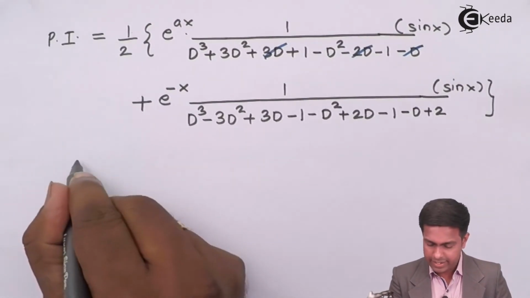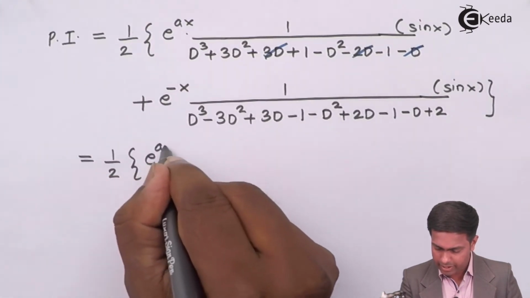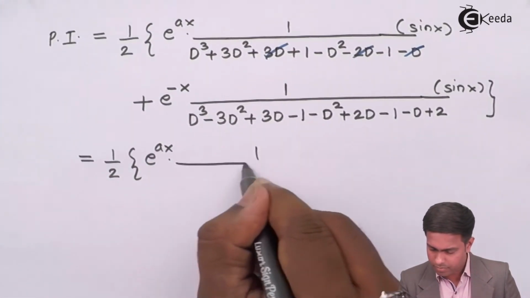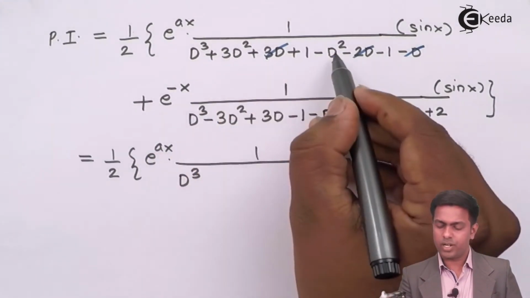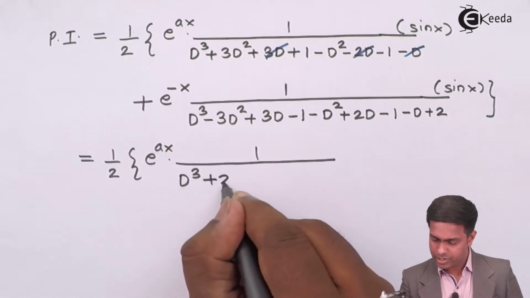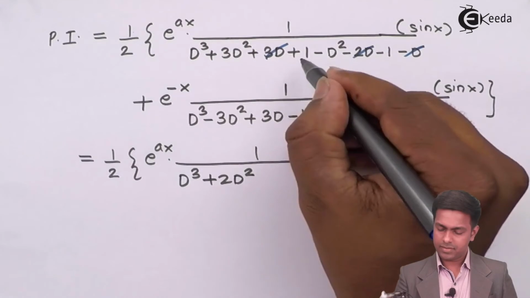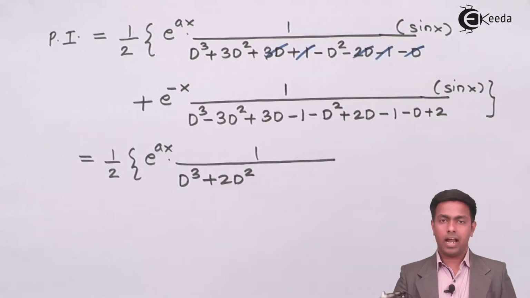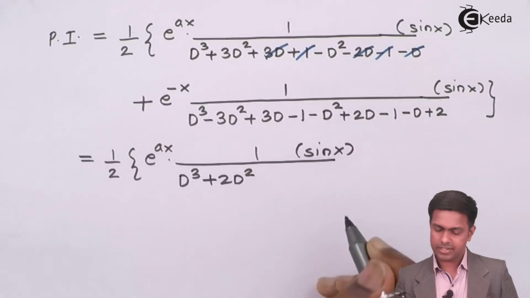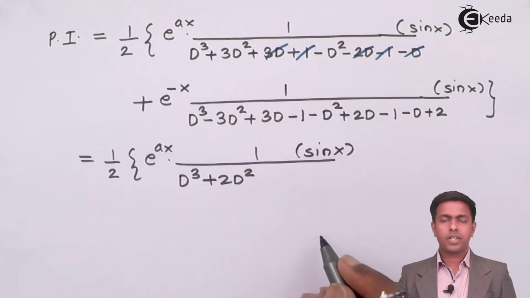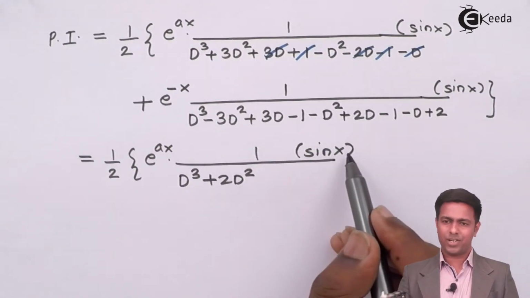So that is 1 by 2 in bracket e to the power ax into 1 upon d cube, as it is. 3d square minus d square is plus 2d square. Then here 1 minus 1 again cancel, and the sine x term as it is. So it means we are going to apply this 1 upon d cube plus 2d square on sine of x.